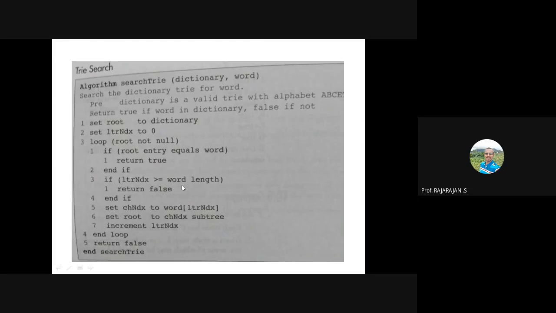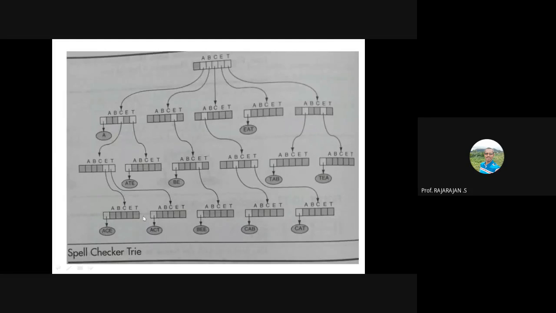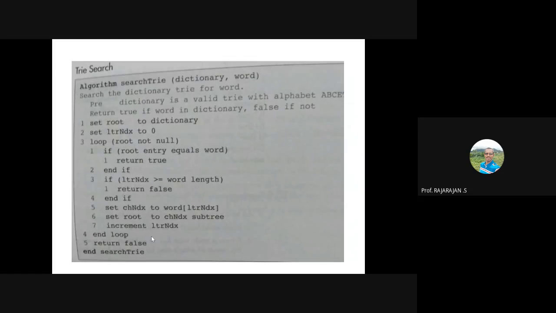If you have reached a node which is larger than the length of the word you are searching for, which means you have exceeded the length of the word, that word has no chance of being present in this particular spell checker. So that is the idea of the algorithm.